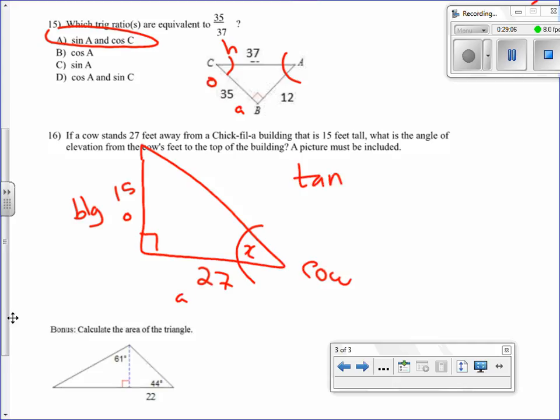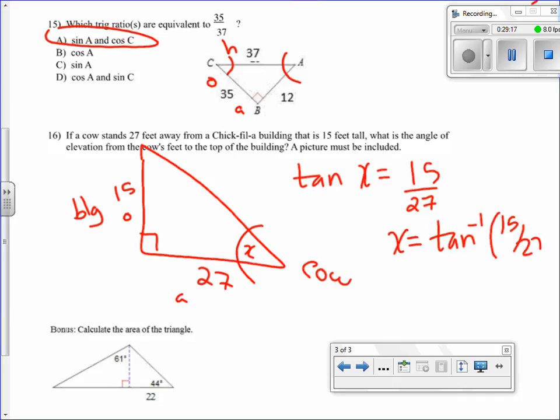So that would be the tangent of x equals 15 over 27. So x equals the inverse tangent of 15 over 27. When you type that into the calculator, you get 29. If you just said 29, that was fine. Okay? I'm not going to do the bonus.